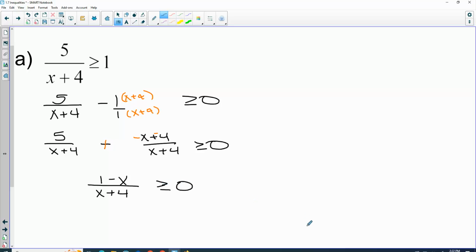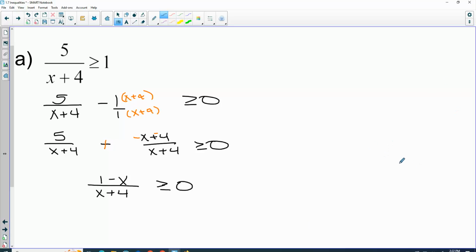So we weren't able to just get rid of the fraction, but I got it down to one side, a single fraction greater than 0. So now think of it like the multiplication ones. Once we had it factored, what did we do? We set each of them equal to 0. Right? That's what we're going to do here. Top and bottom equal to 0.